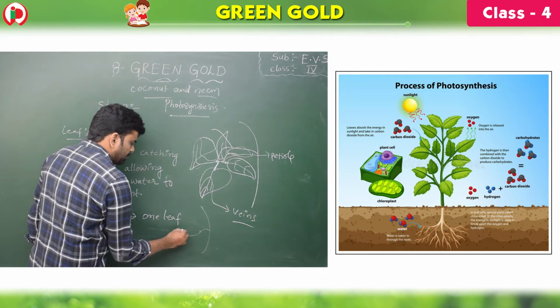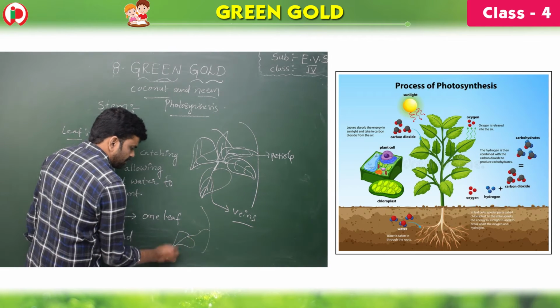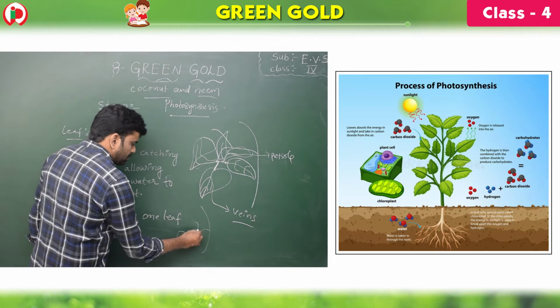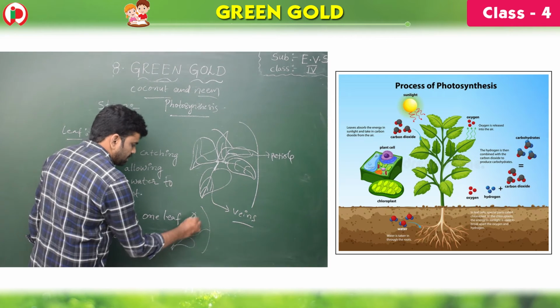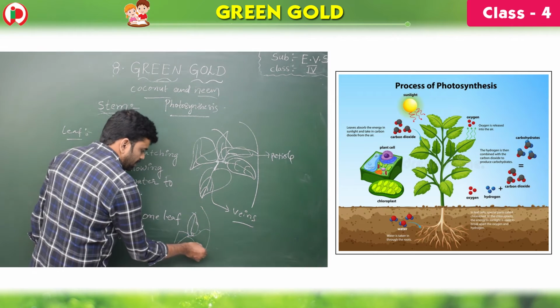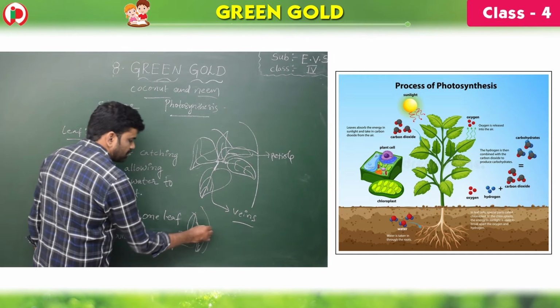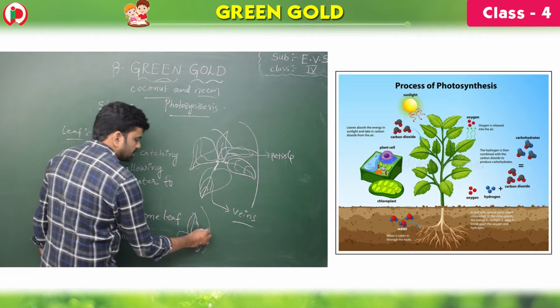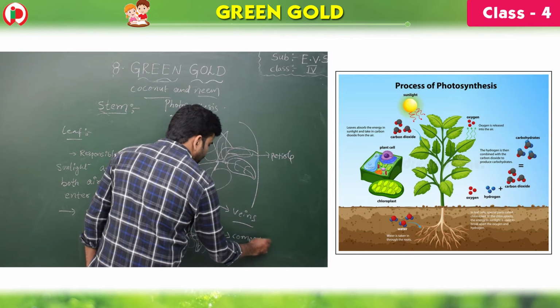And sometimes what happens, just now I told you, here this is only one leaf. Sometimes one more is also connected to this petiole, and one more like this, like 3 or even 4 leaves connected to the single petiole. Then this is called a compound leaf.